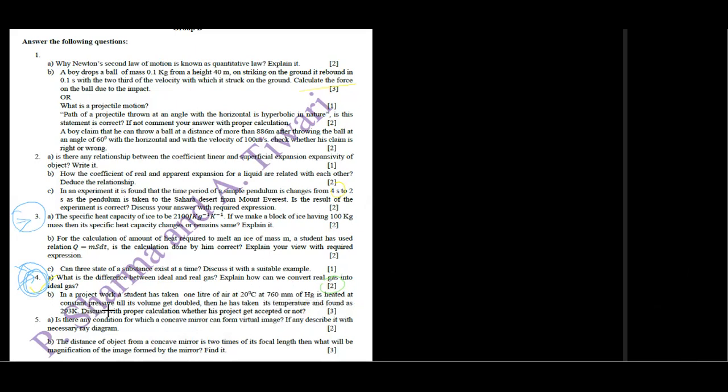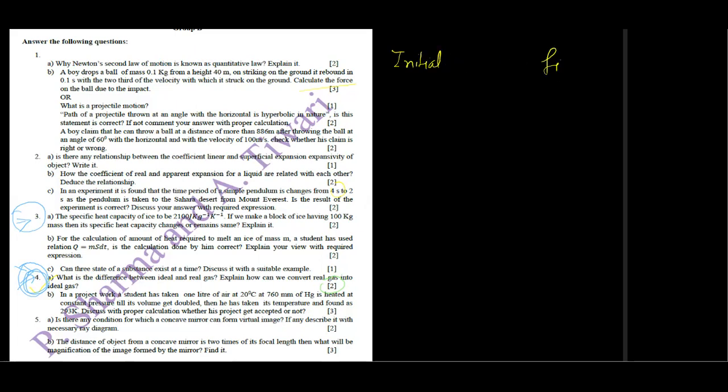It is heated at constant pressure till its volume gets doubled. Then he has taken its temperature and found it as 293 Kelvin. Discuss with proper calculation whether his project gets accepted or not.